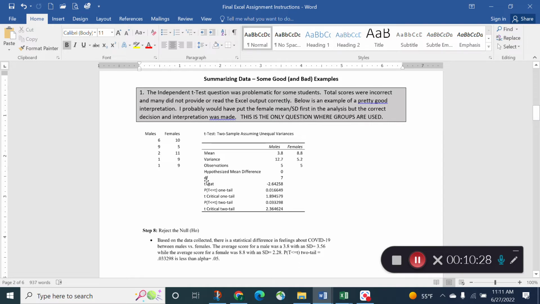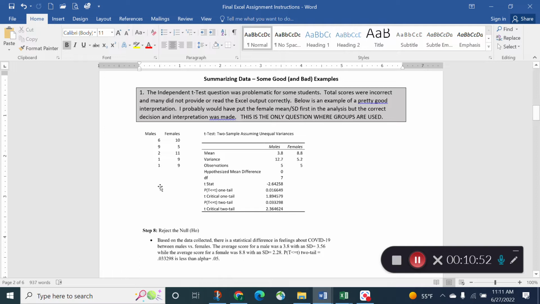And notice, remember, t-stat is what you're looking at. It does give you a critical value, but really this P(T<=t) two-tailed is what you're comparing to alpha. So if this number is less than our default 0.05, then you would reject the null.